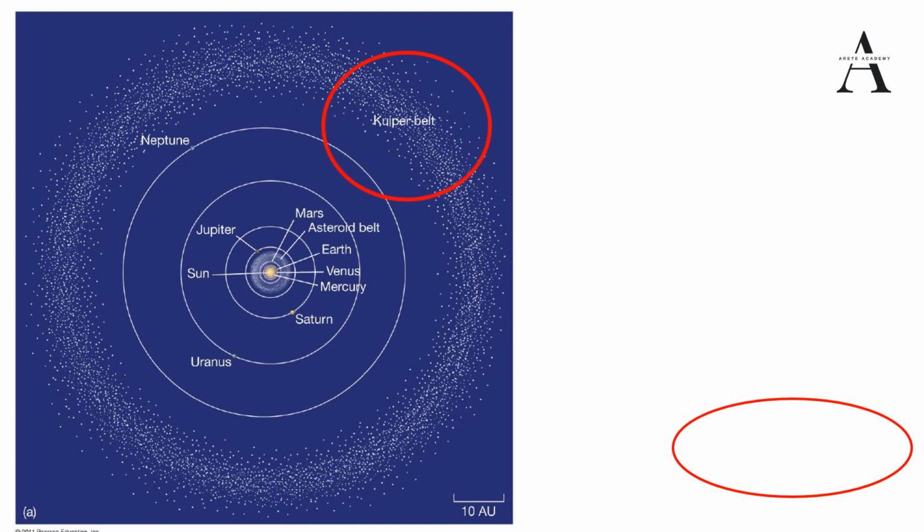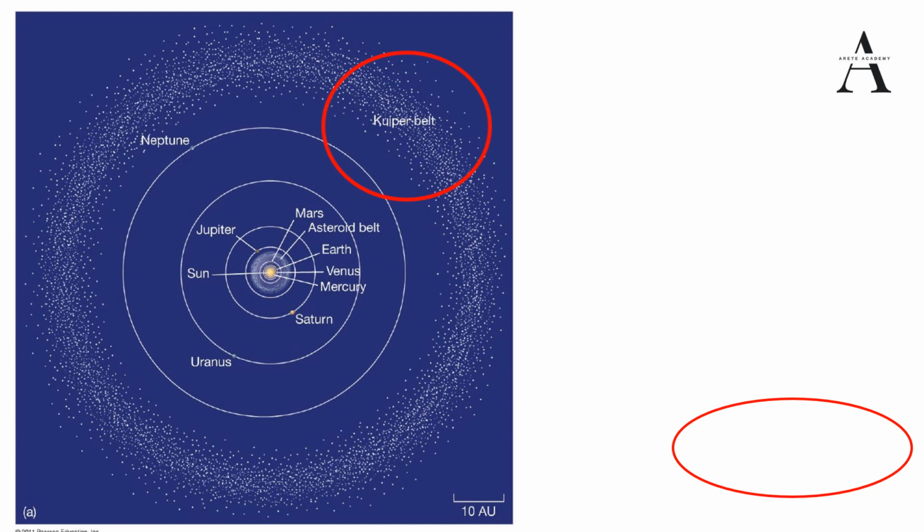So it is not a thin belt, it is like a donut. The first mission to explore the Kuiper belt is New Horizons. Remember it, New Horizons. It went to study Pluto in 2015, and further went on to explore Kuiper belt worlds.